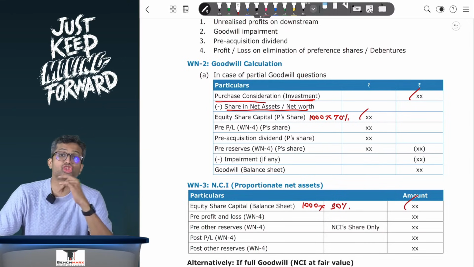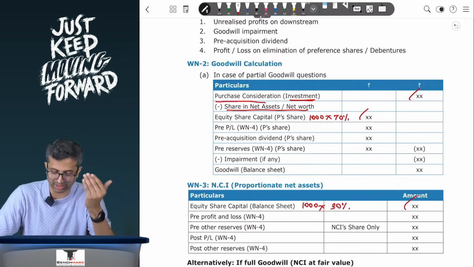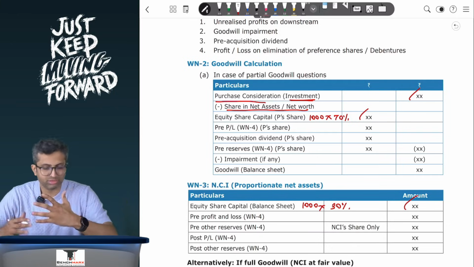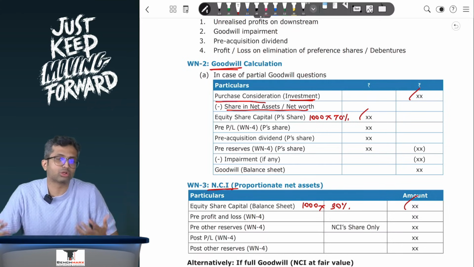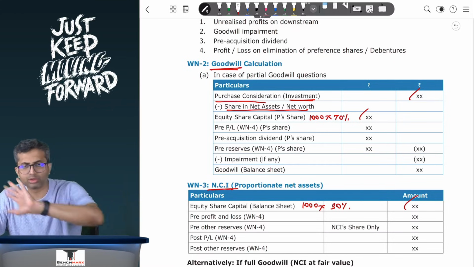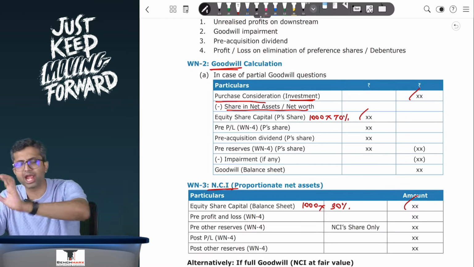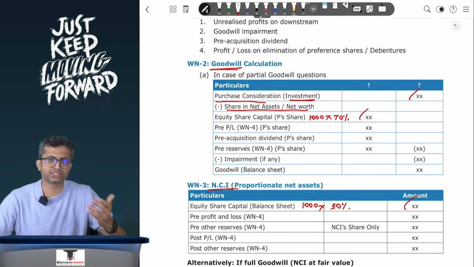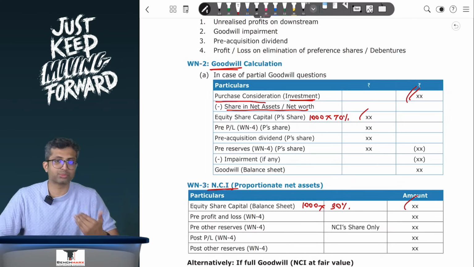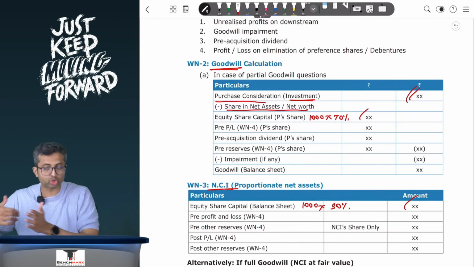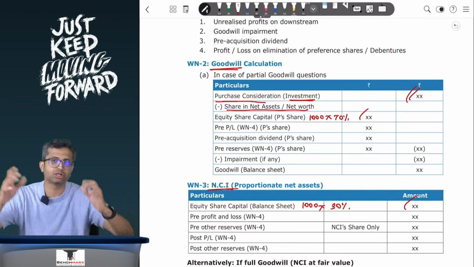It will be share capital account debit, for example 1,000, to let us say cost of control, that is goodwill workings, and to non-controlling interest. So 70%, that is 700, will go towards the cost of control, and 30%, that is 300, will go towards the non-controlling interest. And when you are eliminating investment as a debit balance, you will credit it. So to investment, debit will go to, let us say, the cost of control.